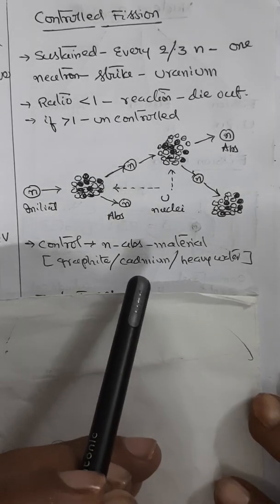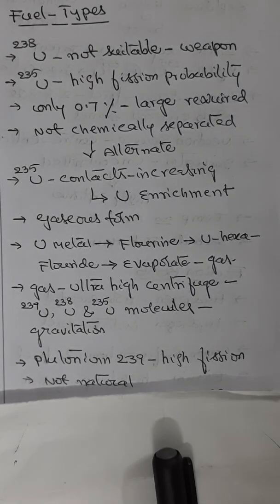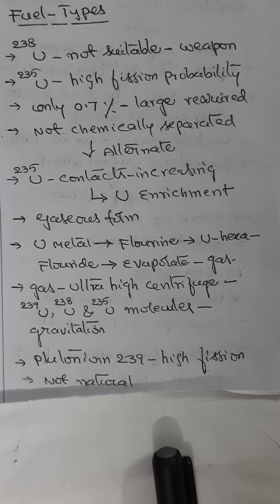With this background, let us look at types of nuclear fuel. Scientists knew that the most common isotope, uranium-238, was not suitable for a nuclear weapon. There is a fairly high probability that an incident neutron can be captured to form uranium-239 instead of causing a fission. However, uranium-235 has a high fission probability.